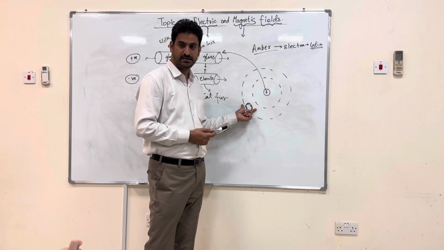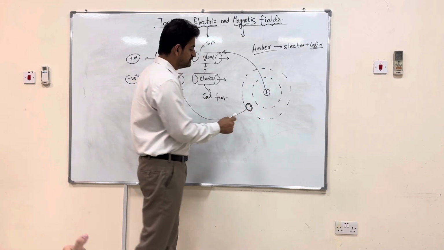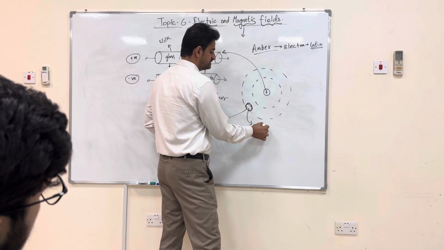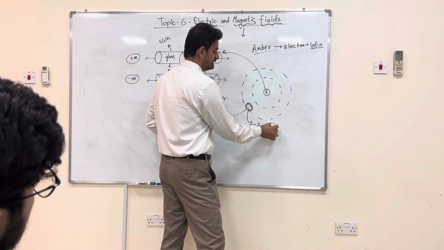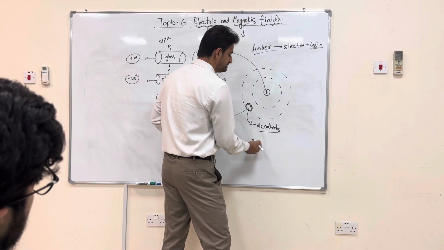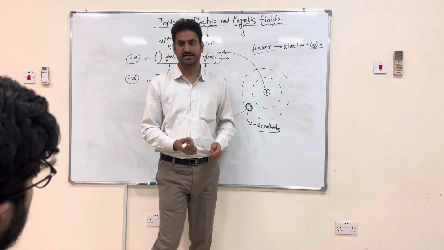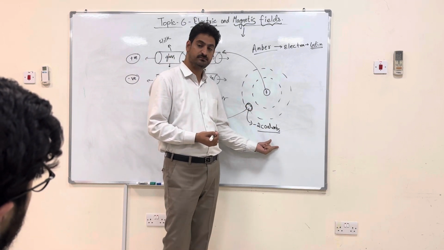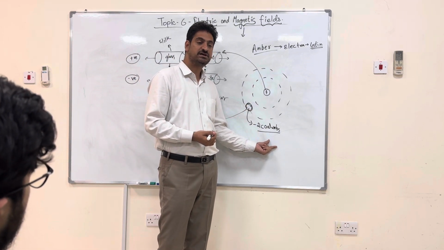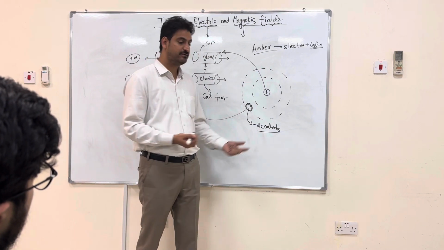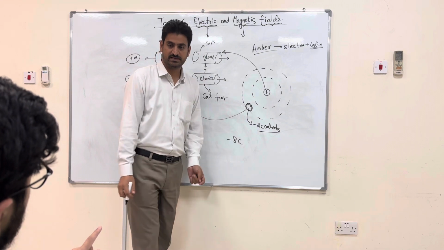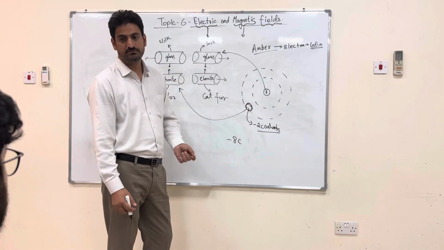So let's say the charge on this one is -2 coulombs. I believe you must know that the coulomb is the SI unit of charge. So if this electron has -2 coulombs, can a body have -8 coulomb charge? Yes.